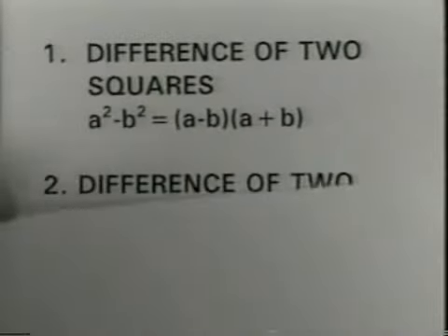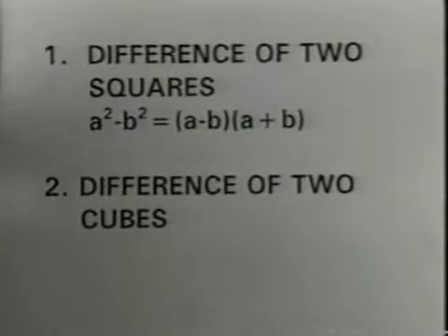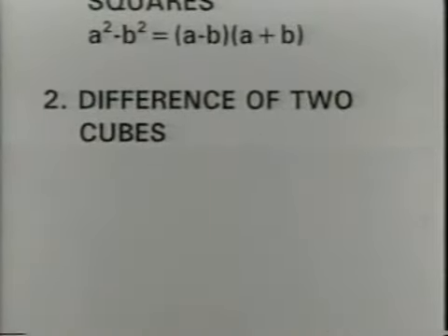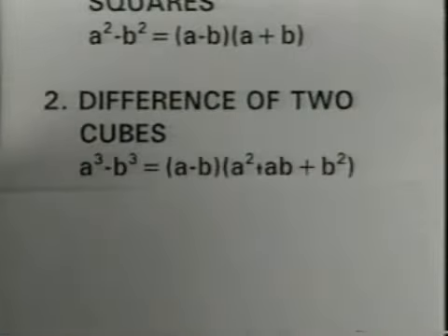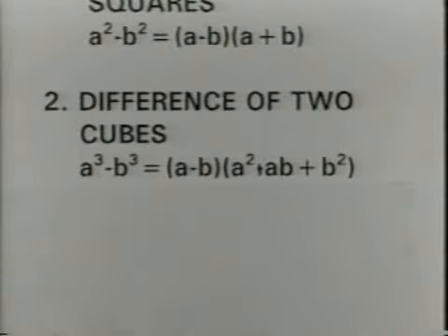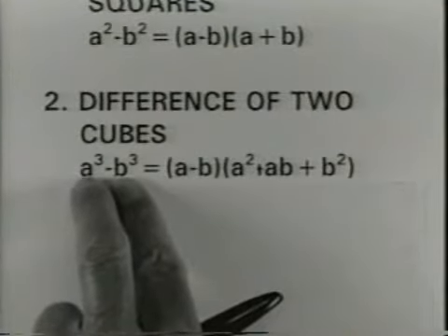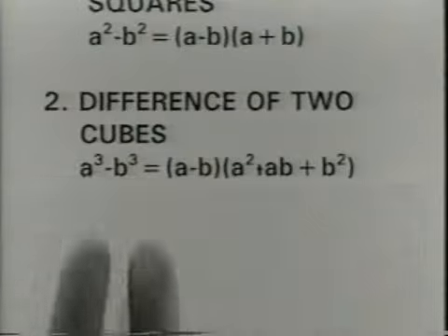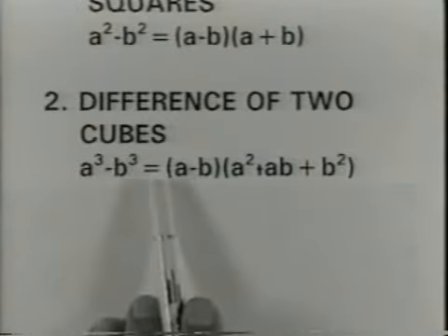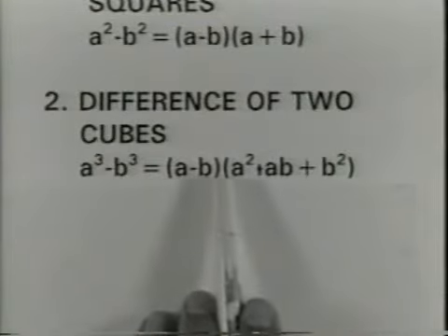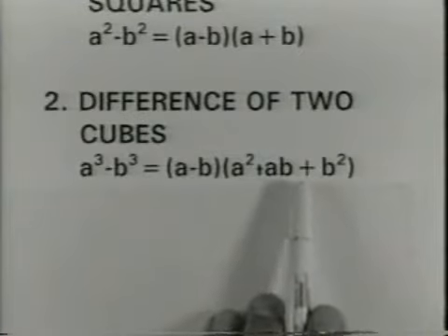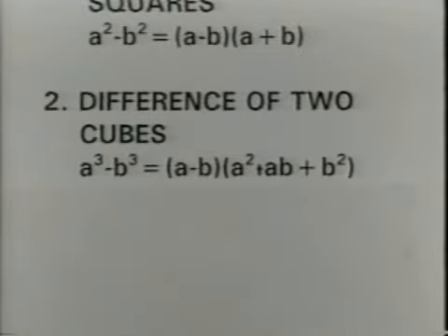The second formula is the difference of two cubes. A cubed minus b cubed can be factored into a minus b times a squared plus ab plus b squared.